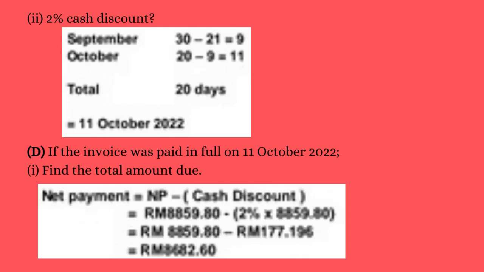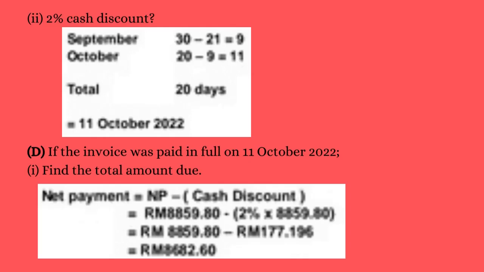And then question D. If the invoice was paid in full on 11 October 2022, number 1, find the total amount. The formula is net payment equals NP minus (cash discount). So NP is 8859.80 minus (cash discount is 2% multiplied by 8859.80).